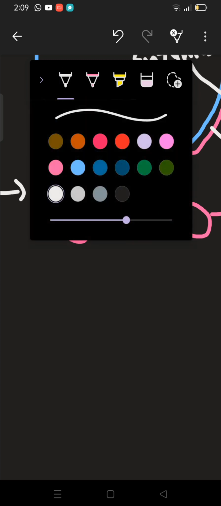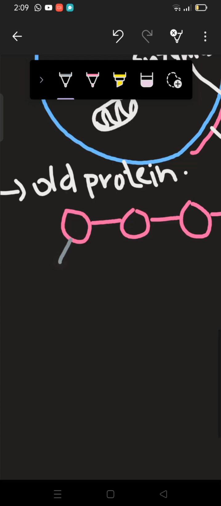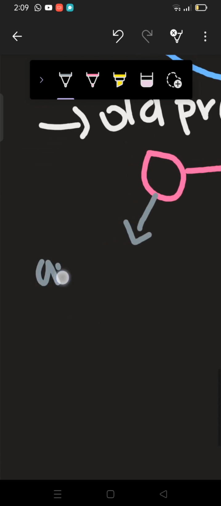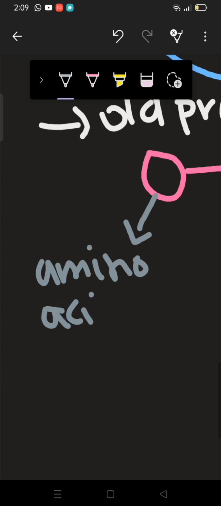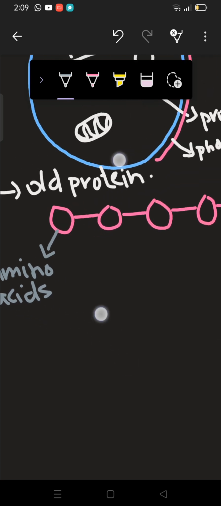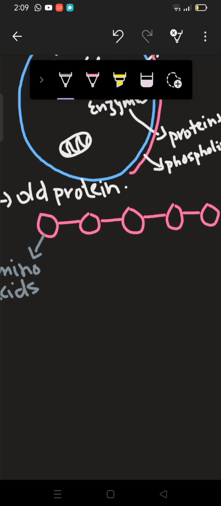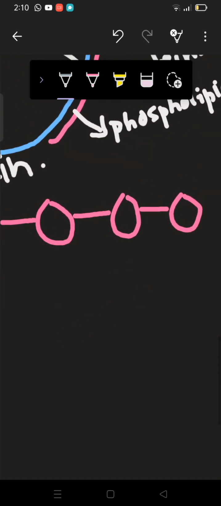This is an amino acid, because we know that proteins are made up of a chain of amino acids combined together by peptide bonds. Now the bonds will be breaking down.